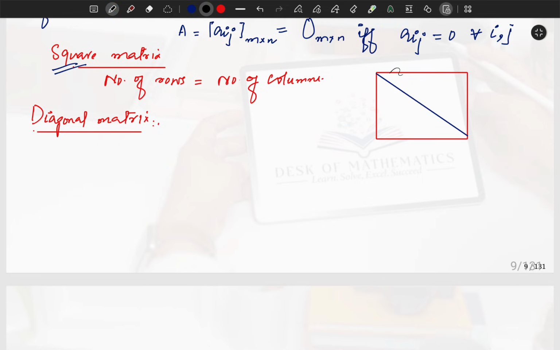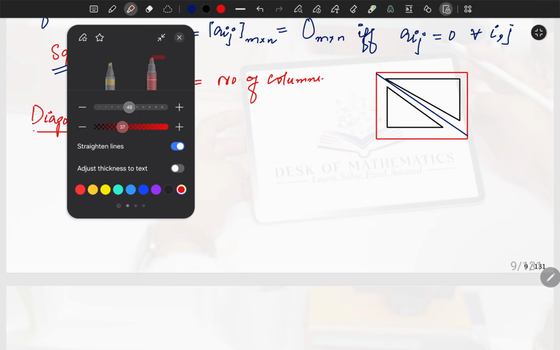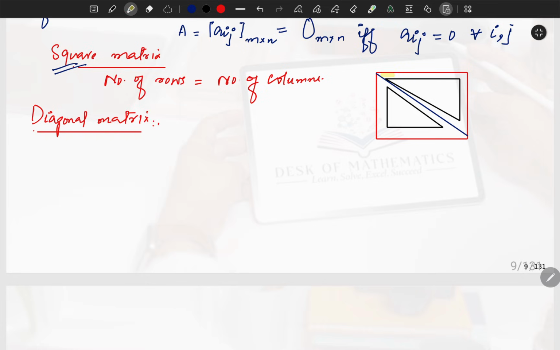A diagonal matrix is simply one where the upper part of the matrix should be 0, that's the upper triangular, and the lower part should be 0. Then the diagonal elements may be 0 or non-zero.